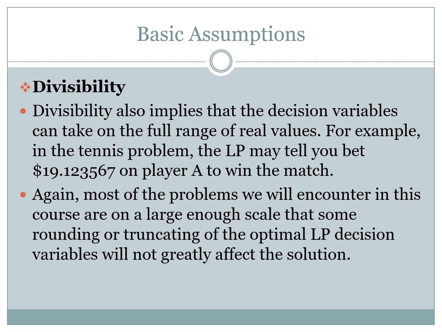For example, in the tennis problem, the linear programming may tell you to bet $19.123567 on player A to win the match. Again, most of the problems we will encounter in this course are on a large enough scale that some rounding or truncating of the optimal linear programming decision variables will not greatly affect the solution.